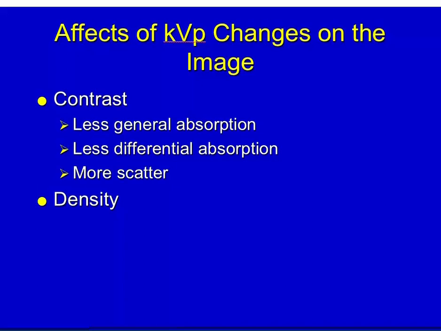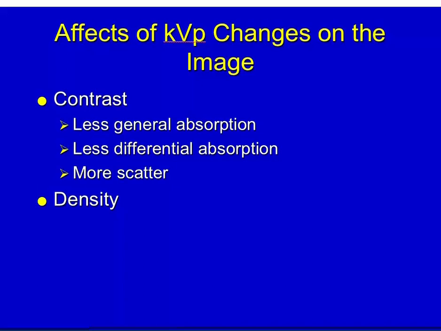So understand that there's only one slide here, going in one direction, and if you went in the opposite direction, the opposite of each one of these bullet points would be true. Density or exposure to your image receptor: providing the only thing that you adjust is your kVp, your density or exposure is going to go in the same direction as your kVp.